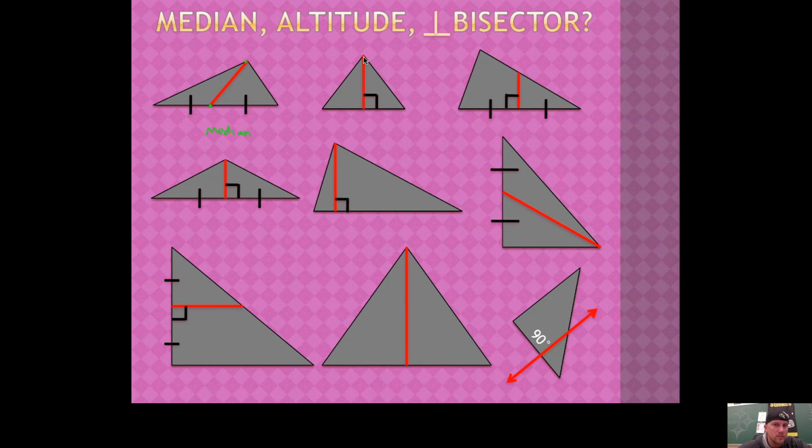This segment touches a vertex and has a right angle on the other side of it. So it's perpendicular to this opposite side. That's an altitude.